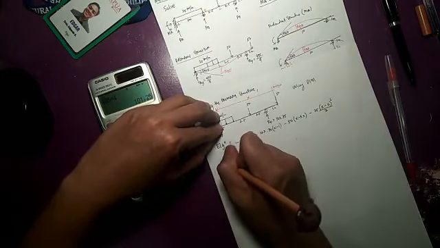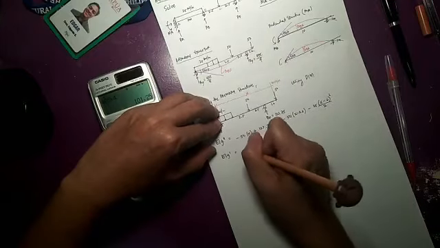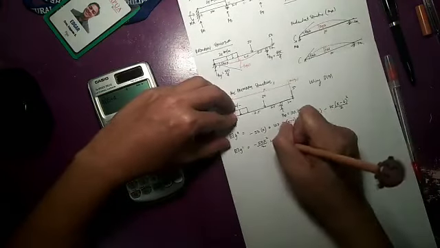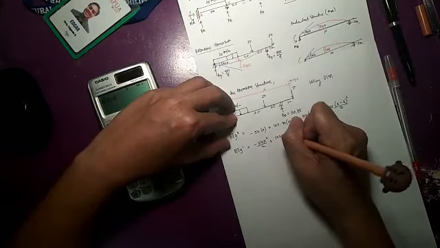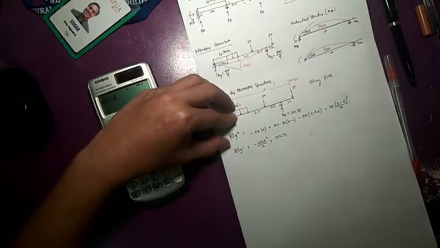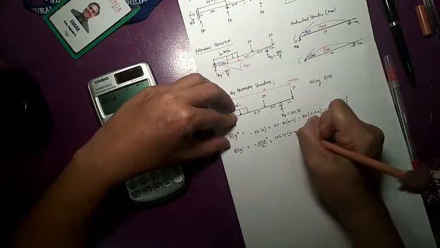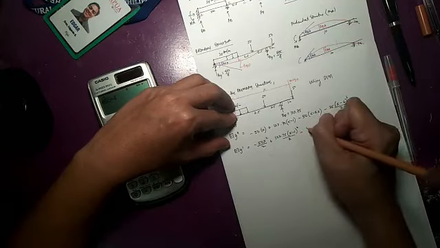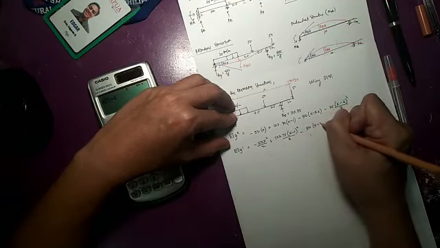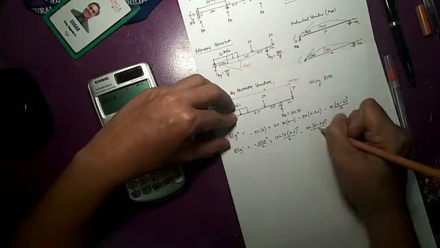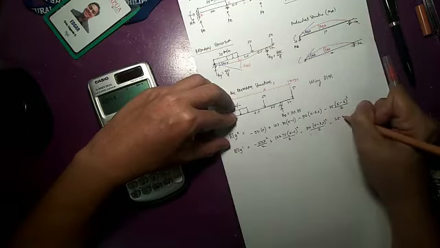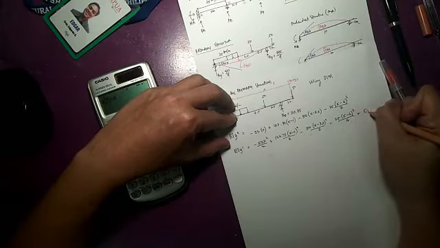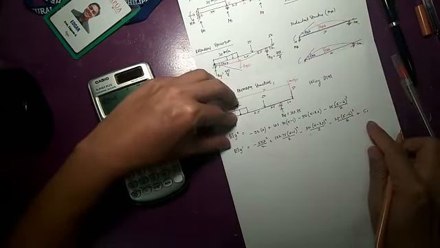Integrating it once, EI y prime would be negative 50x squared over 2, plus 123.75 times x minus 1 squared over 2, minus 50 times x minus 3.5 squared over 2, minus 25 times x minus 6 cubed over 6, plus the first constant of integration.